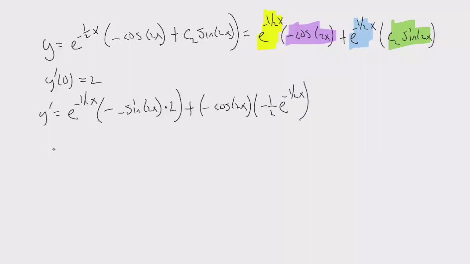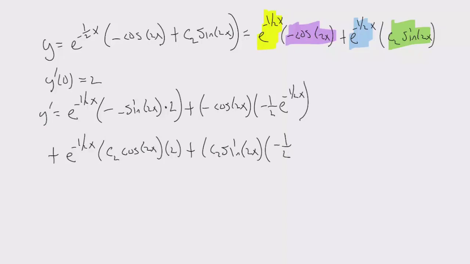Alright, and then plus, kind of repeat myself here, so the first, e to the -1/2 x times the derivative of the second. So that's c2, derivative of sine is cosine 2x times 2, plus second times the derivative of the last, which is negative 1/2 e to the negative 1/2 x.